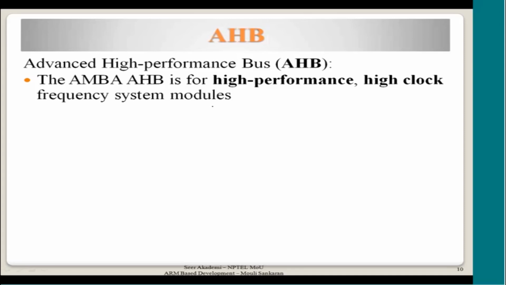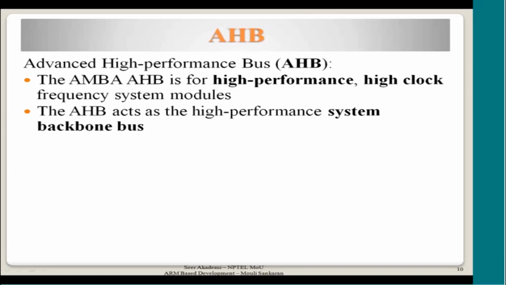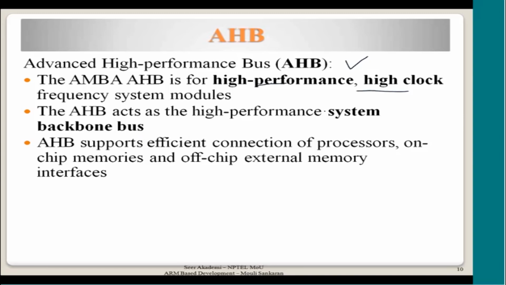AHB acts as a high performance system backbone bus. This is the bus used for connecting high performance and high clock frequency system modules. AHB supports efficient connection of processors, on-chip memories, and off-chip external memory interfaces.